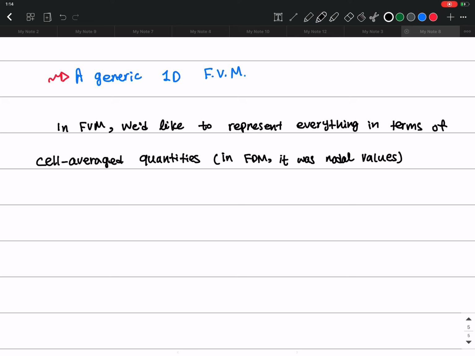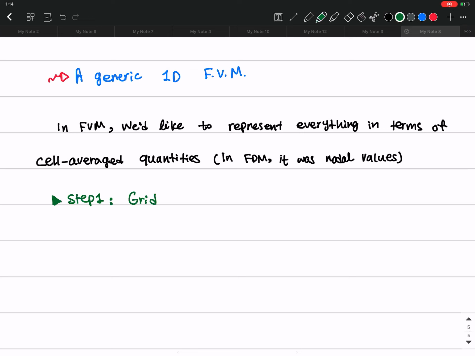Okay. So the first thing that we want to do, the first step, step 1, is grid generation.